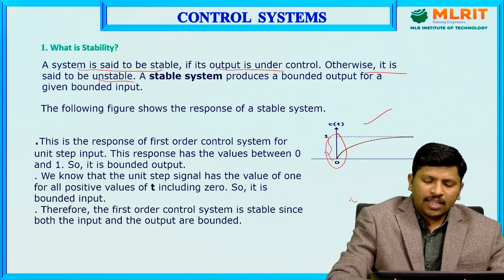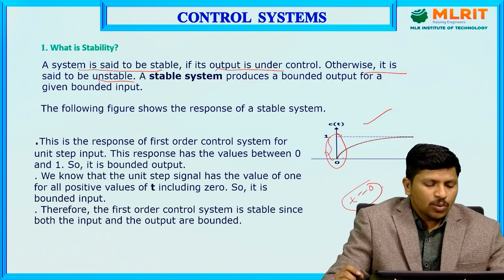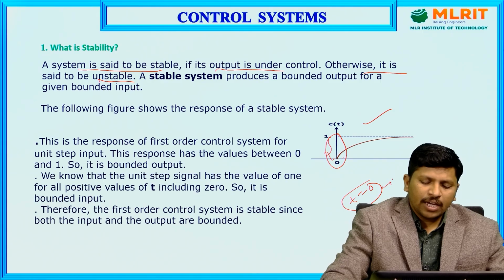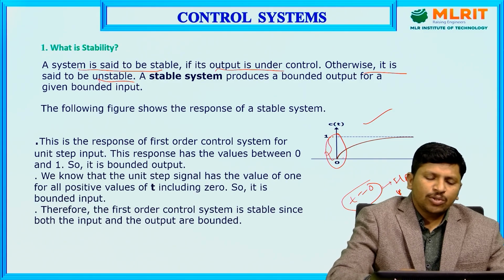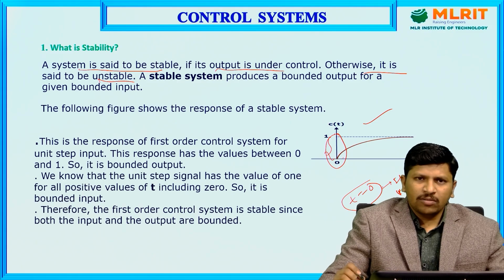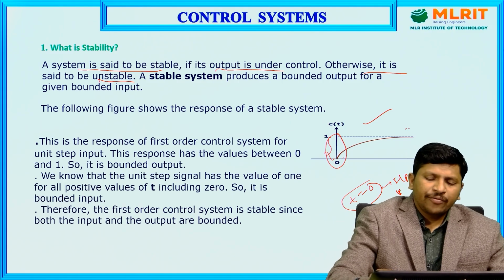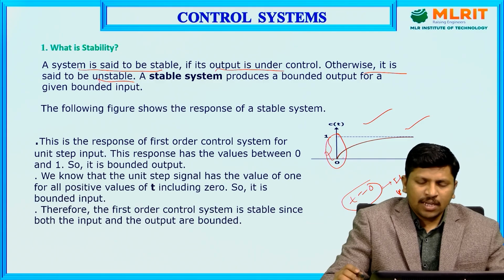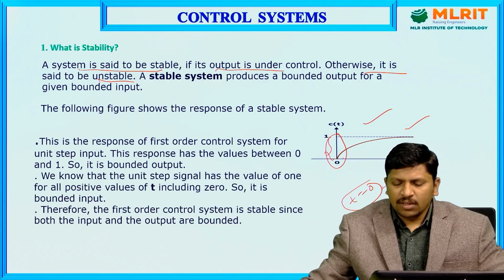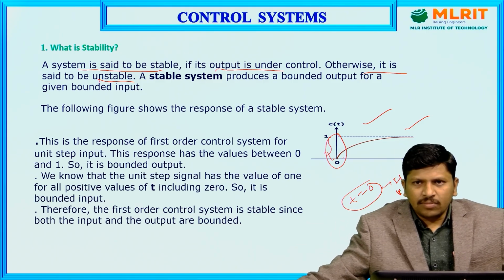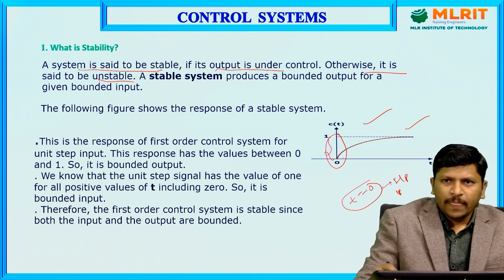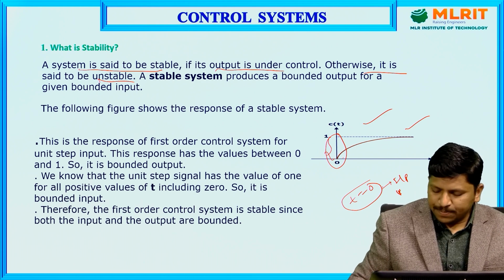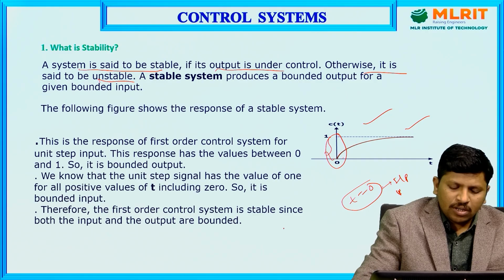Here t equals 0 is the input, which is a bounded input, and all the values from 0 to 1 are bounded outputs. So this first order control system response is a stable system.